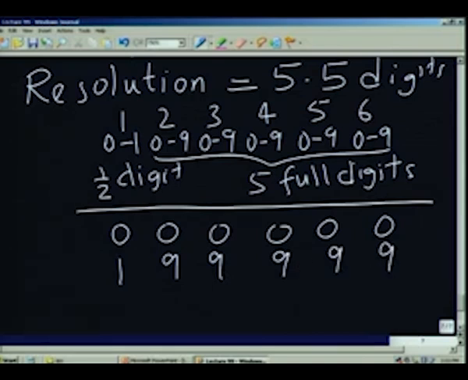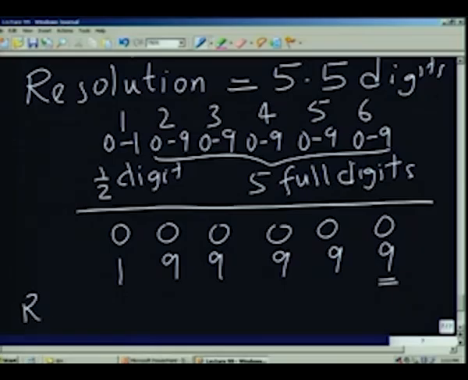So, you see that this is different from 2000 to 200,000 by just one digit in the last place. So, the resolution is actually one digit in the last digit.